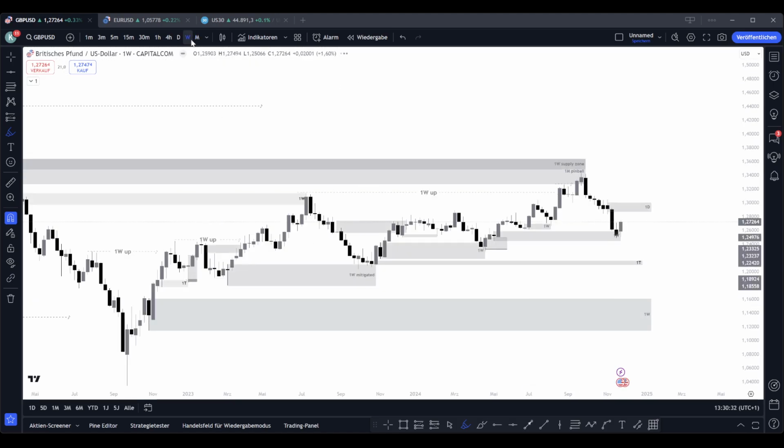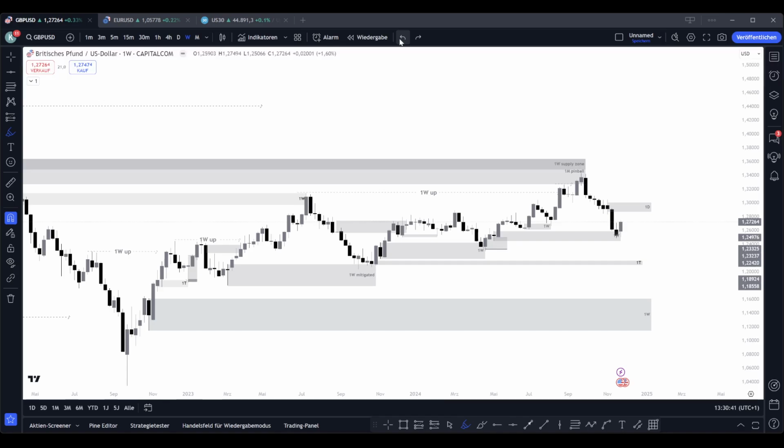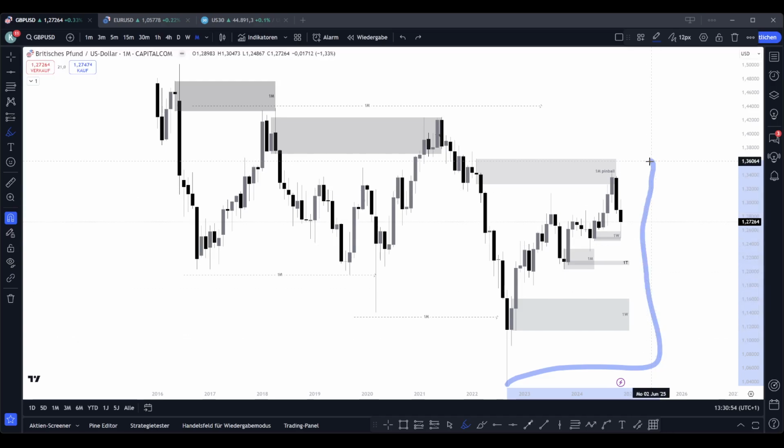Now I have to scale down to the weekly time frame, but first I have to go back to the monthly time frame to highlight something. Since price is within this range, with this previous low which formed this previous high here, we'll be focusing only on this area.